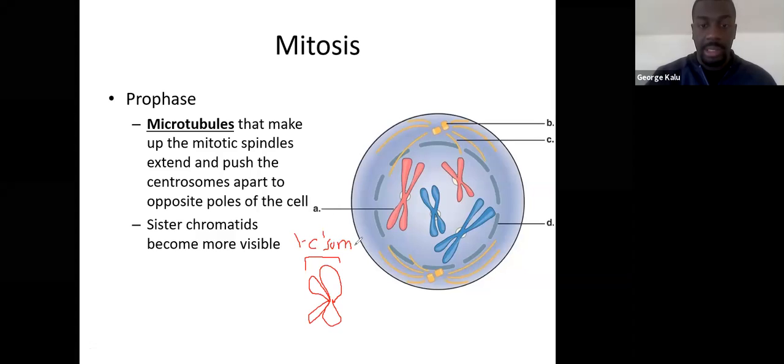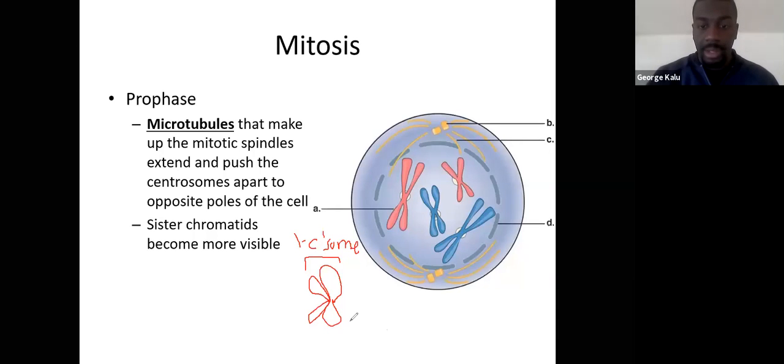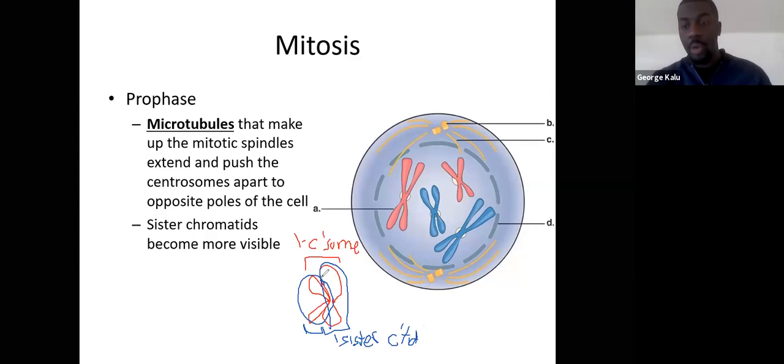Now, each of these little knobs at each end here is 1 sister chromatid. So this would be 1 sister chromatid, and this would be the other. All of this would be 1, and this part would be the second sister chromatid. So in 1 single chromosome, in this case, we're looking at 2 sister chromatids making up 1 chromosome. Okay, is everyone following me so far? Is it all making sense?